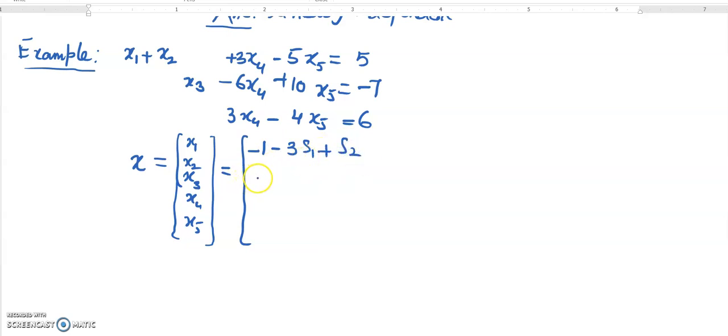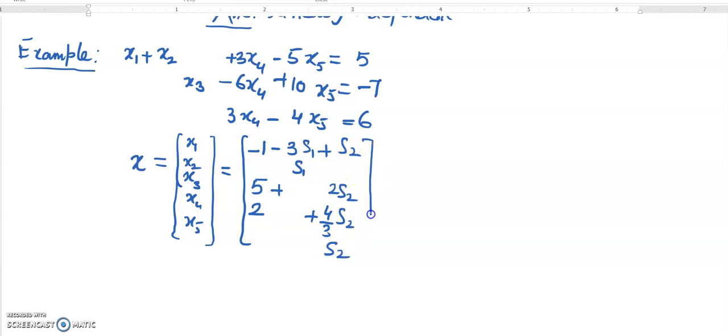The value of x2 was s1, and the value of x3 was 5 plus 2s2, and the value of x4 was 2 plus 4/3 s2, and the value of x5 was s2.